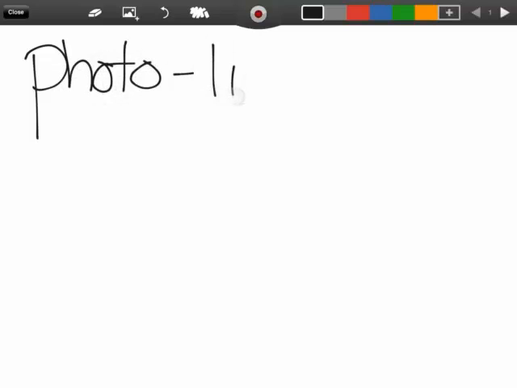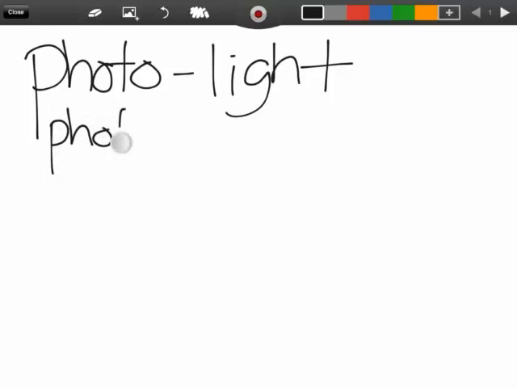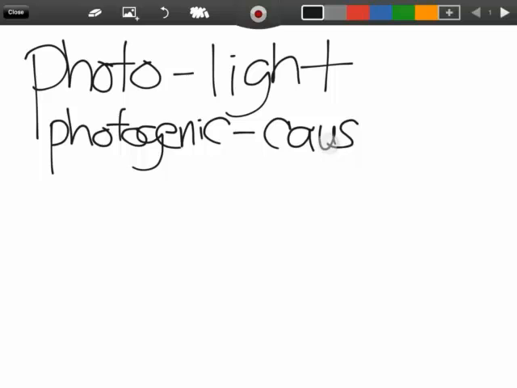Our first root is photo. Photo means light. I'm going to give you two examples. One of them is photogenic, meaning caused by light.